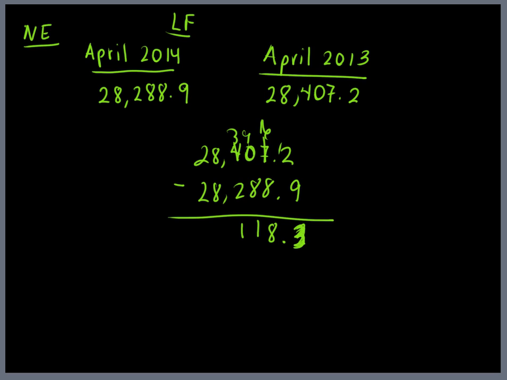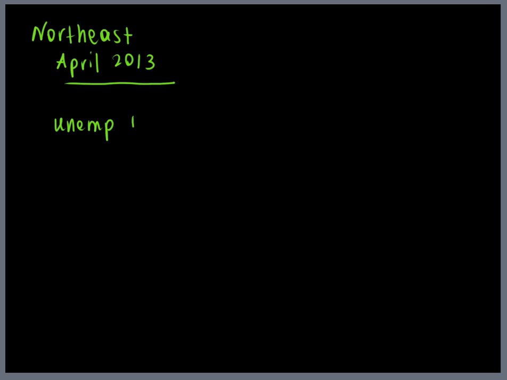In part C, I'm asked to calculate the unemployment rate in the different regions of the country in April 2013 and April 2014. As an example, I will calculate the unemployment rate in the Northeast in April 2013. The unemployment rate is equal to the number of unemployed as a percentage of the entire labor force.